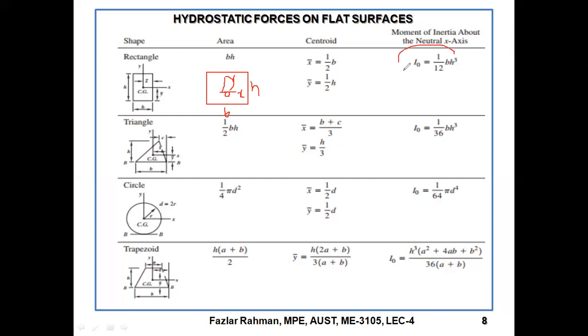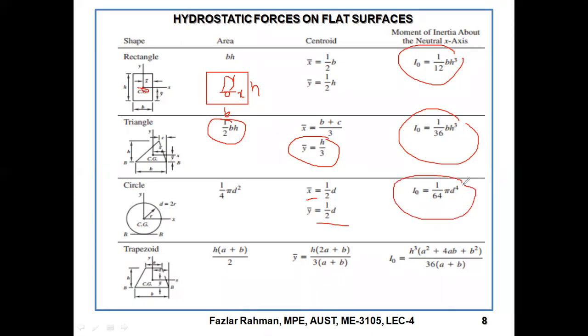And what will be the inertia? I naught with respect to this point is 1 by 12 b h cube. If it is a triangle, area is half b into h, x bar, and y bar is h by 3. I naught is given. Then for a circle, your location will be xy, half of the diameter, that means radius, and I naught equals this much.